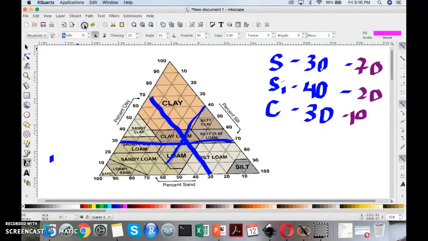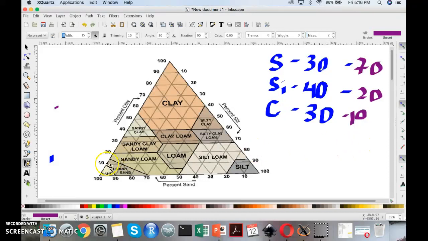So now let's go ahead and do the same for the other percentages that I gave you. So if we had 70% of particles made out of sand, 20% made out of silt, and then 10% made out of clay, let's see what we get.